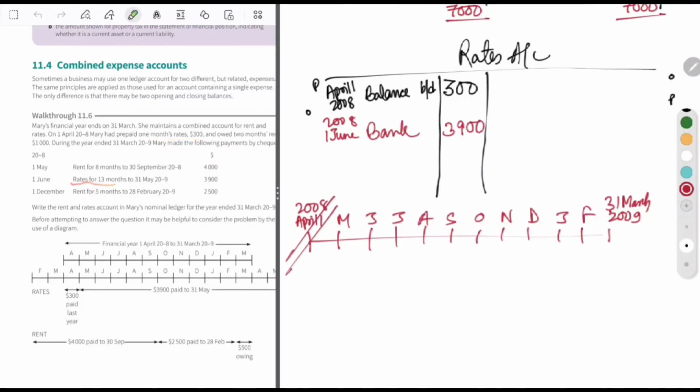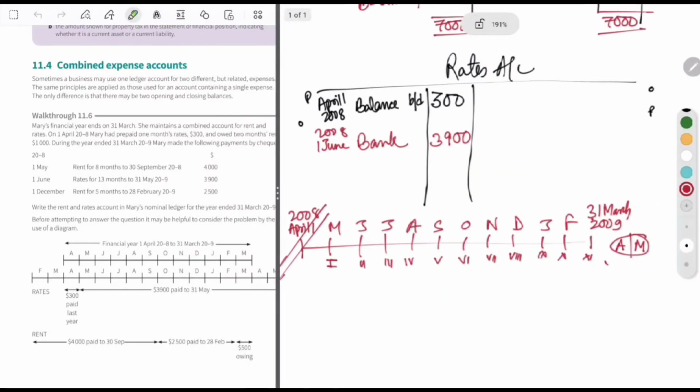Now if the rates is paid for 13 months, then this is month 1, 2, this is 3, this is 4, this is 5, 6, this is our 7, 8, 9, 10, yes, 11. So here 2 months extra will come. 12 and 13 means what? Here we have April also and we have May also. That means these 2 months rent has been prepaid.